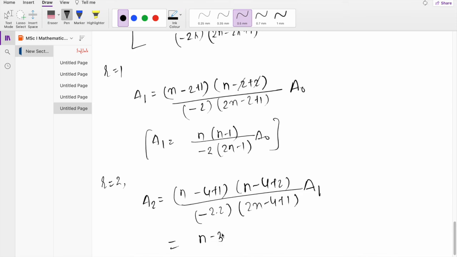This will give me n minus 3, this will give me n minus 2, whole upon, and this will give me what?